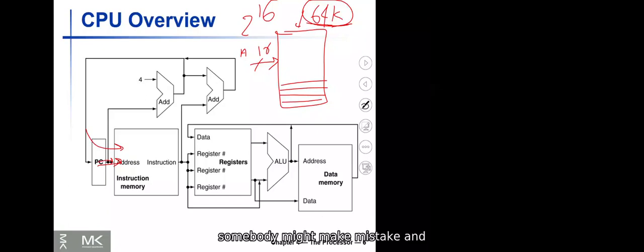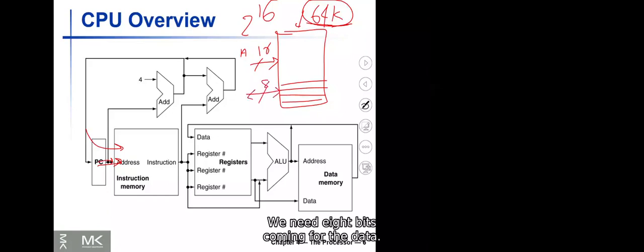Somebody might make a mistake and say 3, but 3 is for the address. This is 8 bits, so we need 8 bits coming for the data. And it is bidirectional. You see, for the address I put one direction, and for the data I put bidirectional.